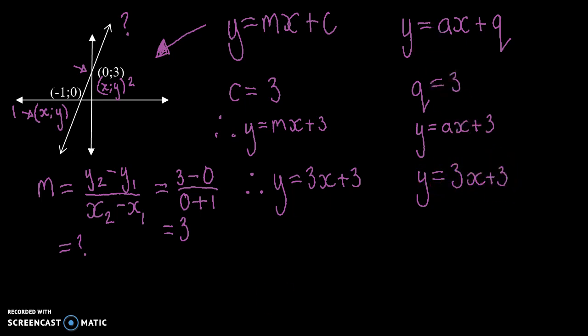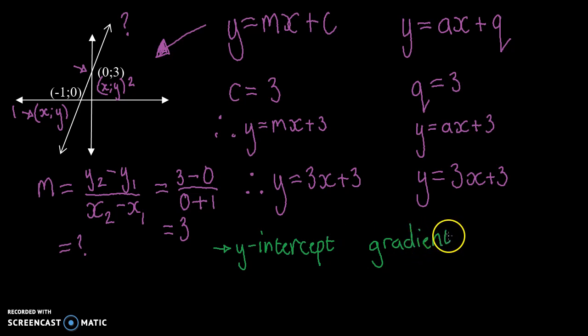So, in short, if you want to find the equation of a linear function, look for the y-intercept. Let's see if I can spell it correctly. Y-intercept, and then find the gradient.